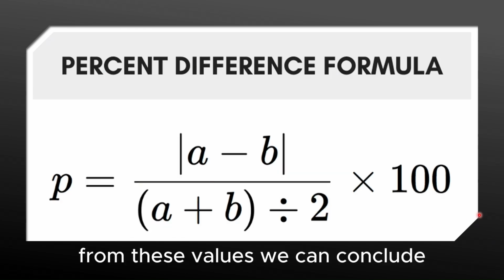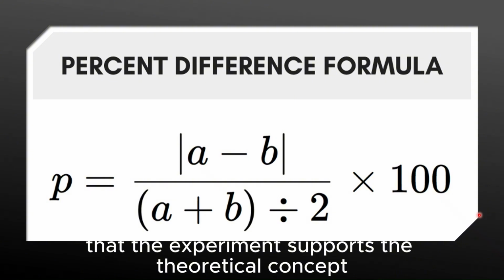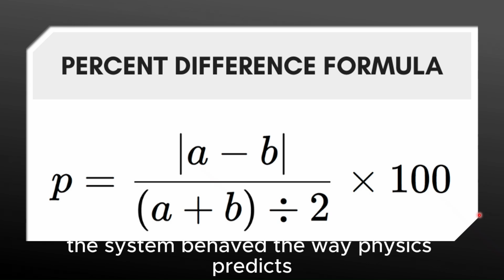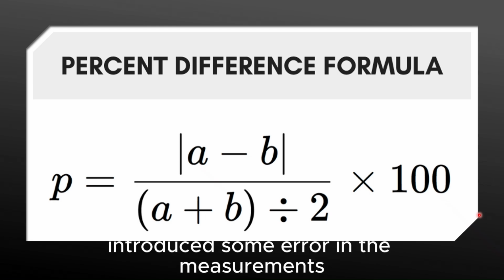From these values, we can conclude that the experiment supports the theoretical concept, but also highlights the impact of real-world conditions. The system behaved the way physics predicts, but practical limitations introduce some error in the measurement.